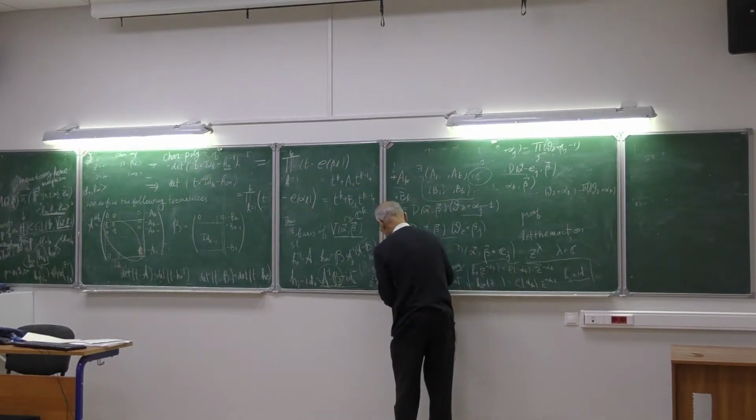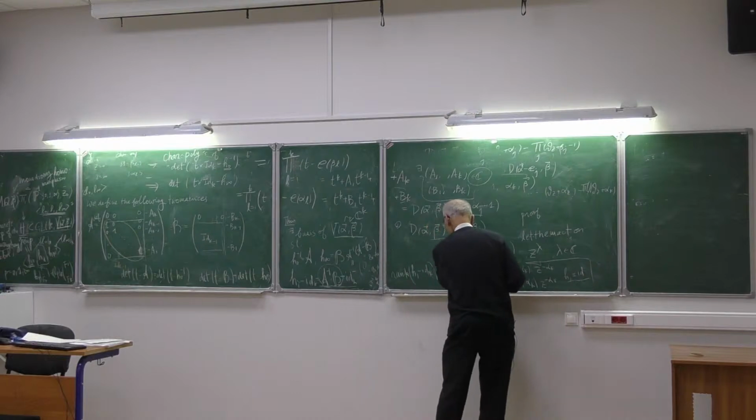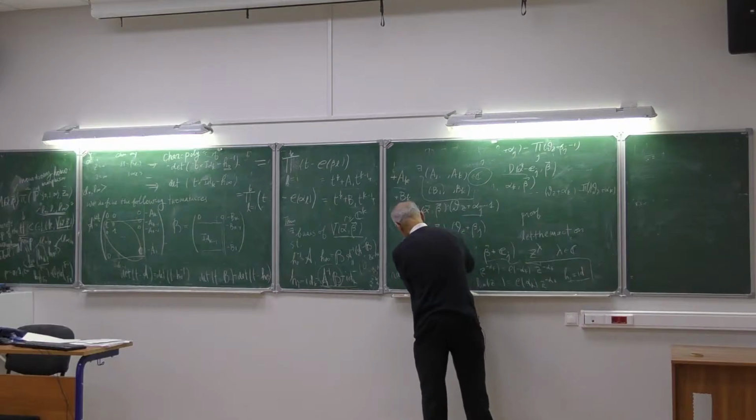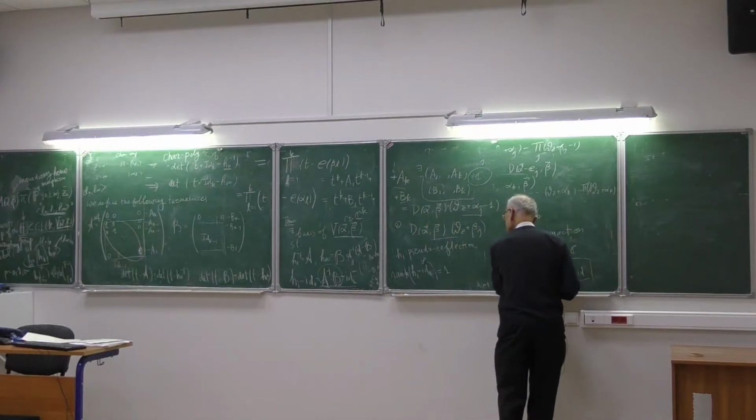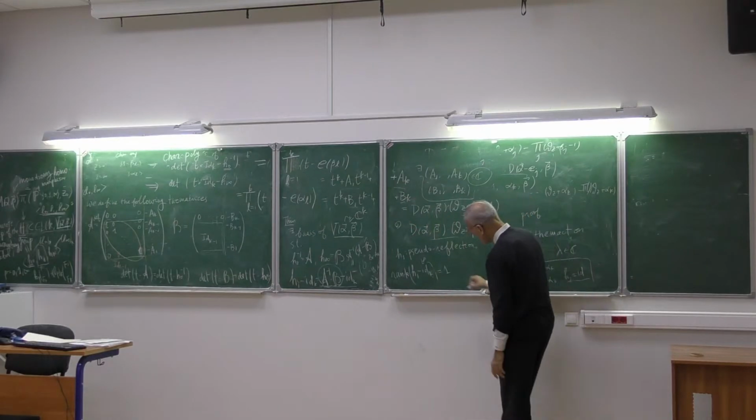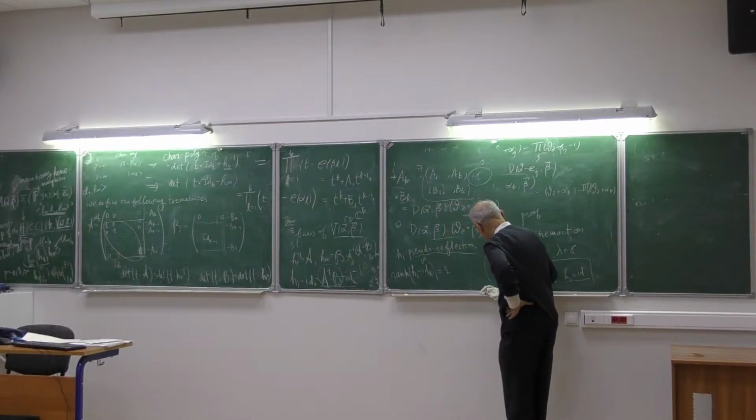The rank of H1 minus identity k is 1. That is to say, H1 is a pseudo-reflection. So, 1, 1, 1, something.